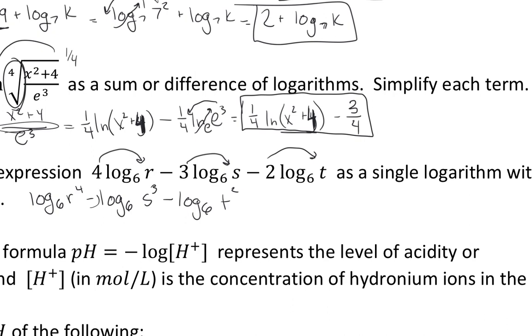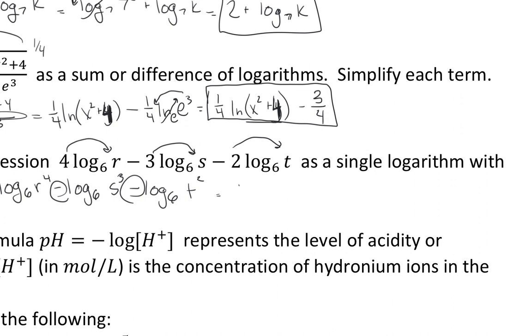And now we're going to do our combination because we have these minus signs, so that means we're going to divide both of them. So that's going to be equal to log base 6 of r to the 4th over s to the 3rd t squared. And that's the furthest we can simplify that.